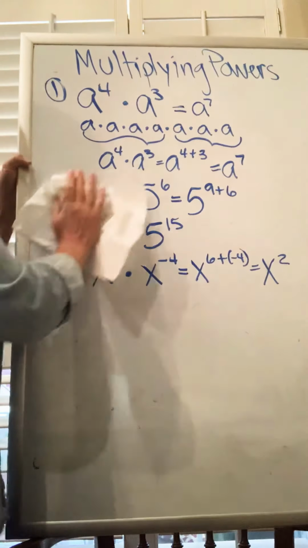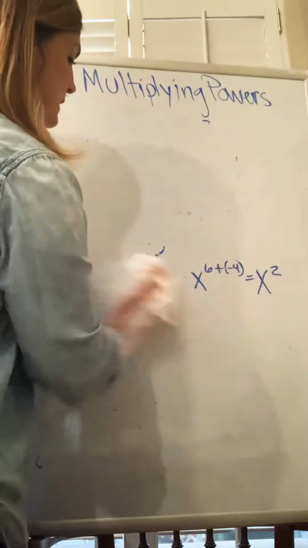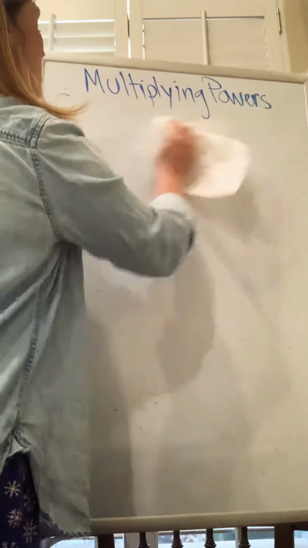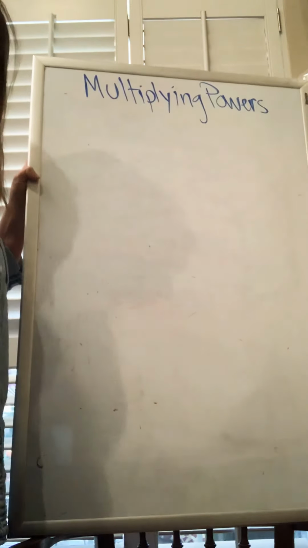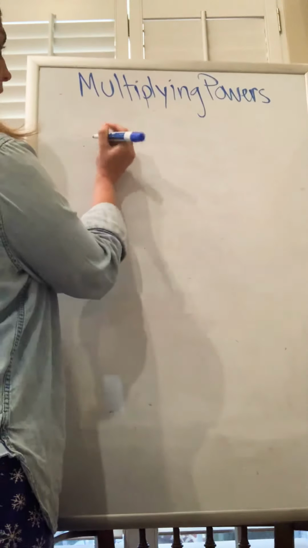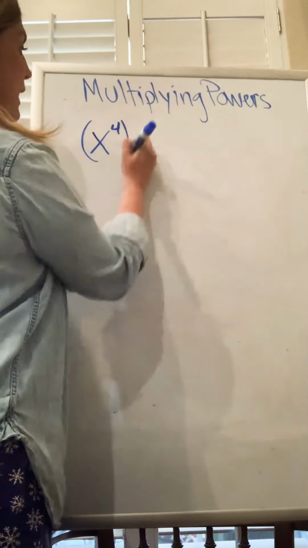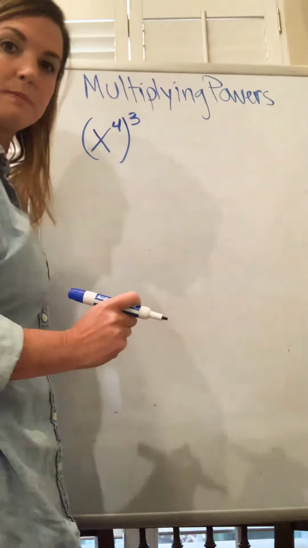The next one that y'all did was power of a power or power of a product. That's like saying if I have x to the 4th raised to the 3rd power.